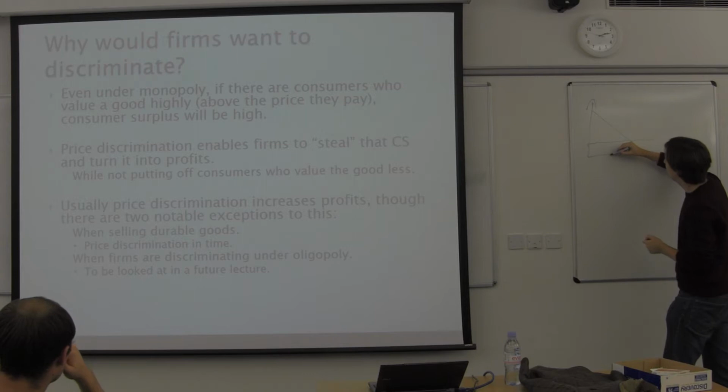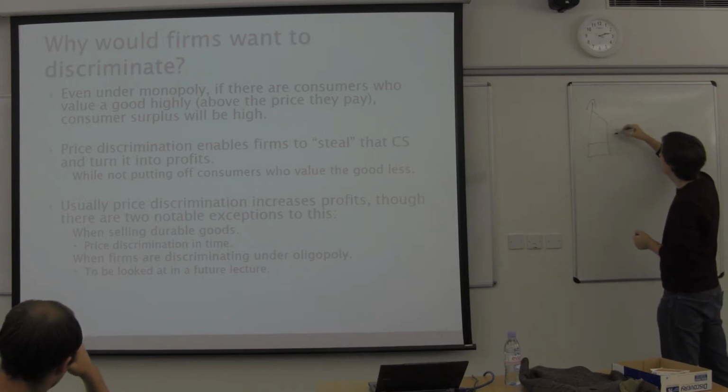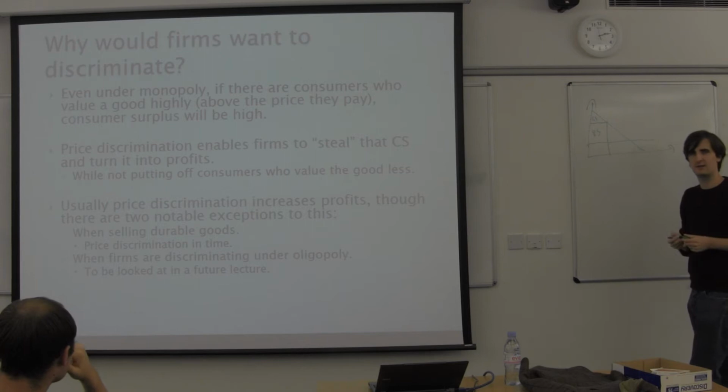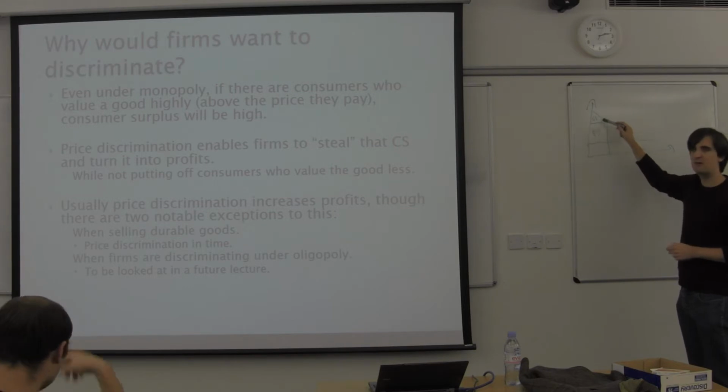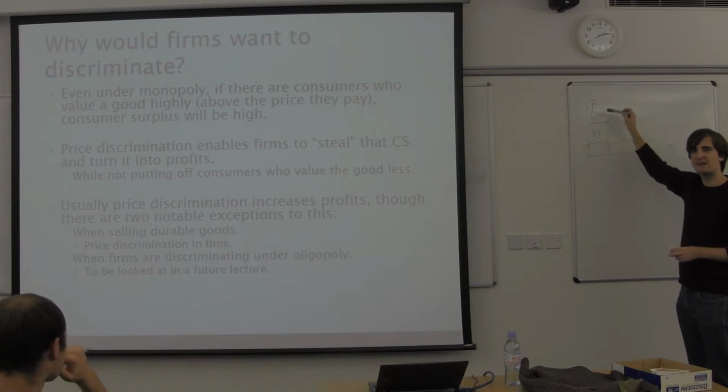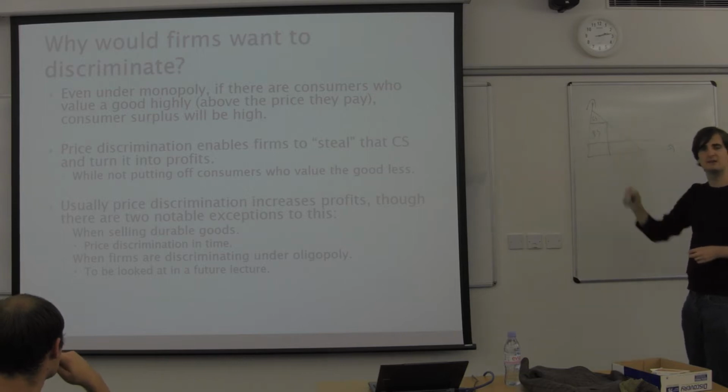Maybe the monopolist is selling this quantity, so the price is here. There's some CS and some PS. As far as the seller is concerned, this CS is all lost. The seller would like to turn this consumer surplus into producer surplus.